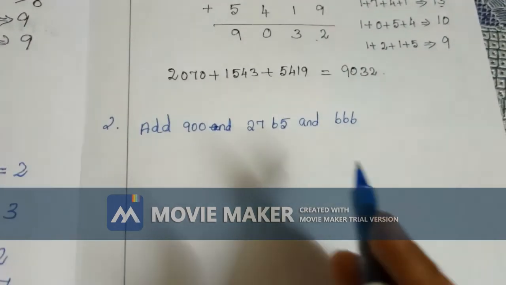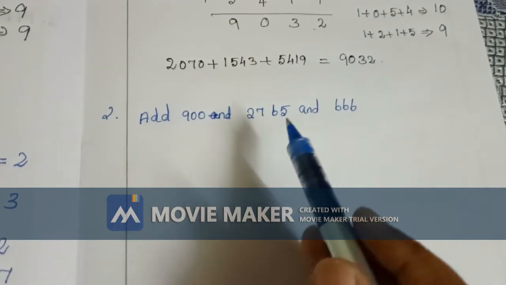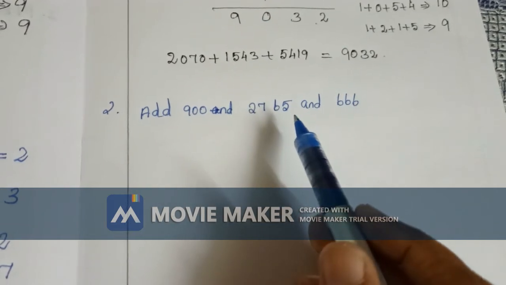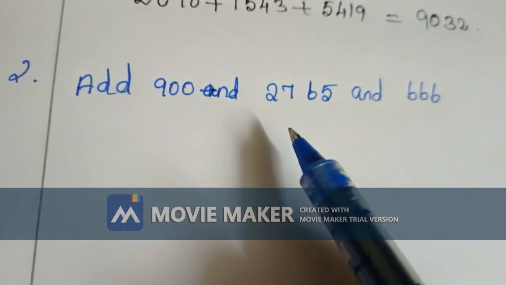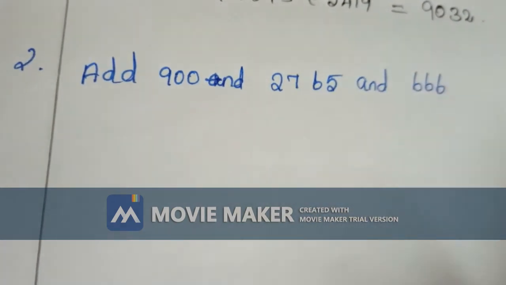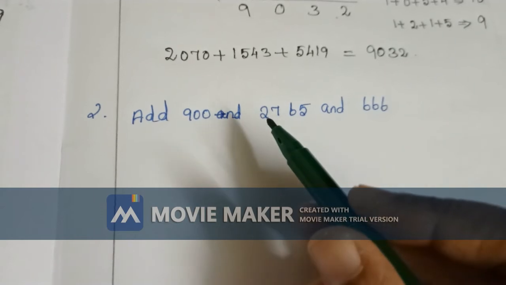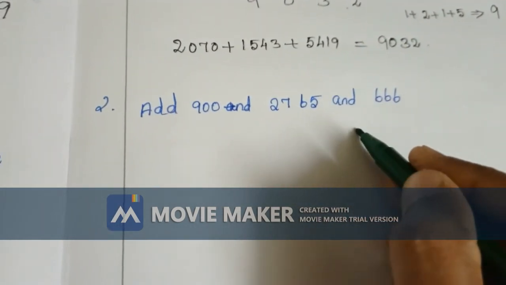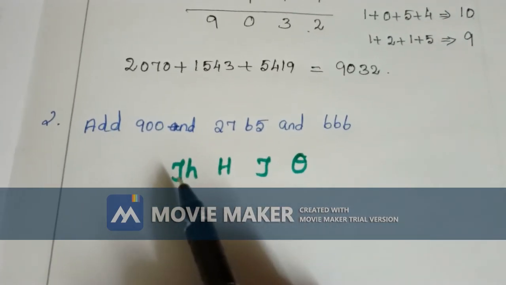Here two numbers are 3-digit numbers and one number is a 4-digit number. Which number is greater, 3-digit or 4-digit? Yes, the 4-digit number is greater. So you have to write the place value box for these 4-digit numbers, that is ones, tens, hundreds and thousands.